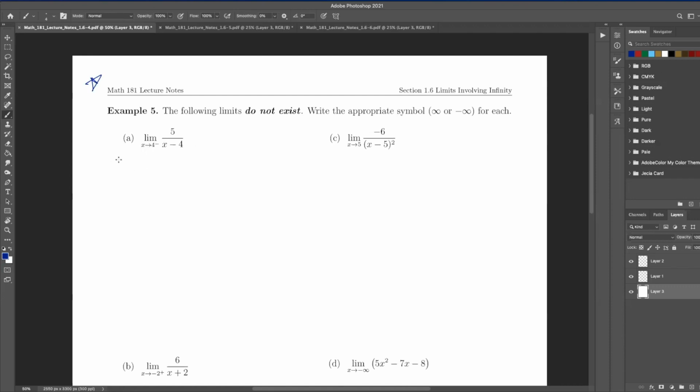So the limit. So let's just try plugging it straight in, right? The first thing you always want to try with the limit is just see if you can plug it right in.